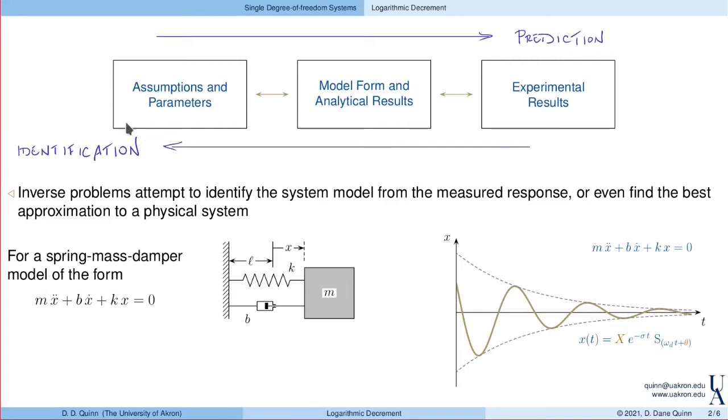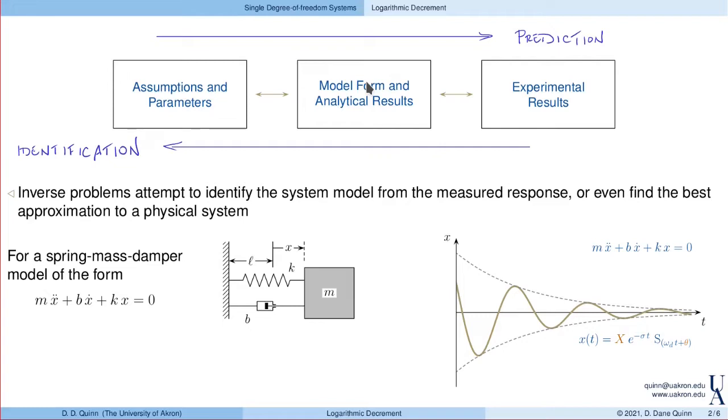These kinds of problems are known as inverse problems, right? And they are the inverse of what we typically do, right? They look to identify the model from the measured response as opposed to starting with the model and developing the analytical prediction. Or, in some other cases, maybe even find the best approximation to a physical system.